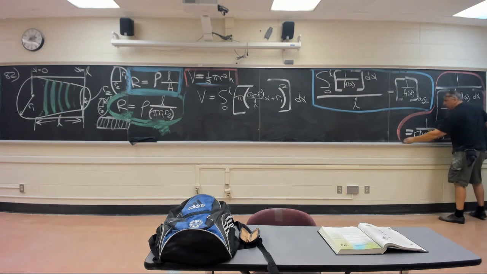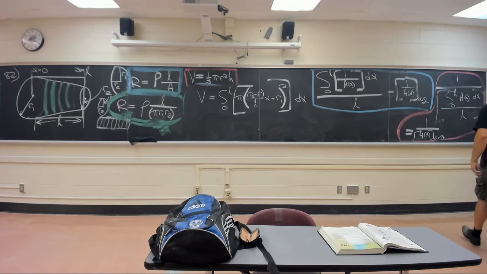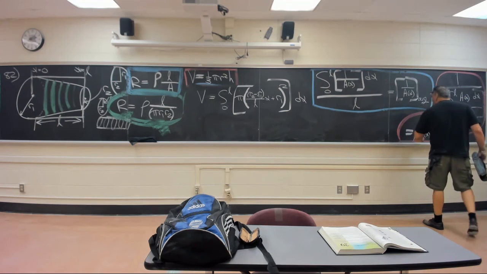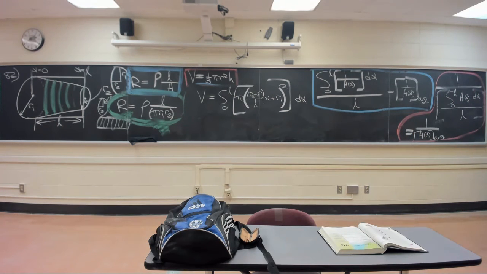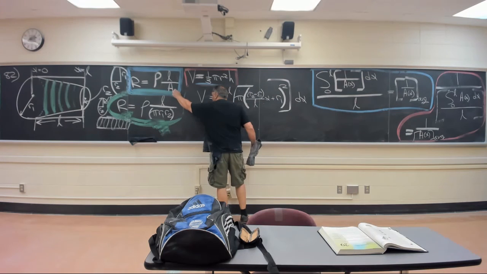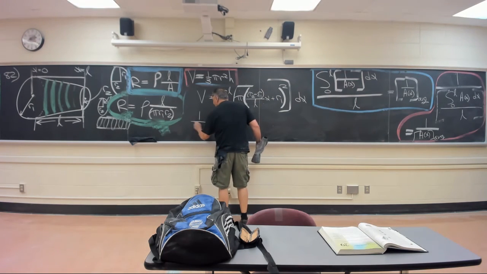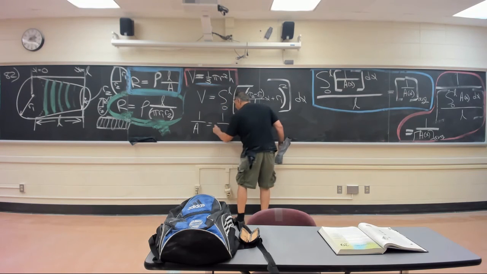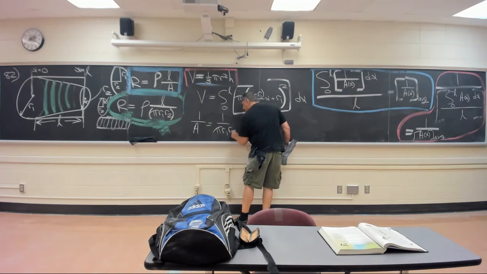Well, here's the stuff in red, here's the stuff in blue, and they're not equal. Generally they're not equal. We're about to say, can I actually say here that the 1 over A, well, there's an equivalent 1 over A here, which is 1 over pi R1 R2.